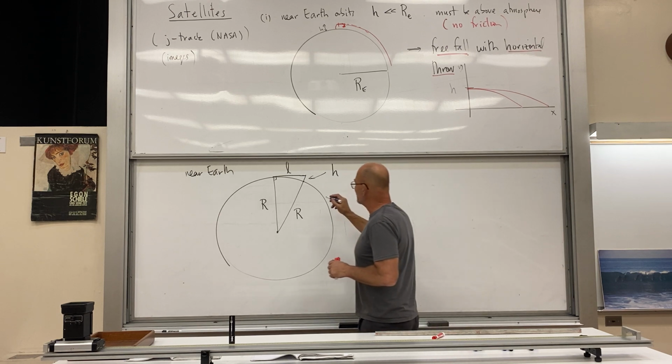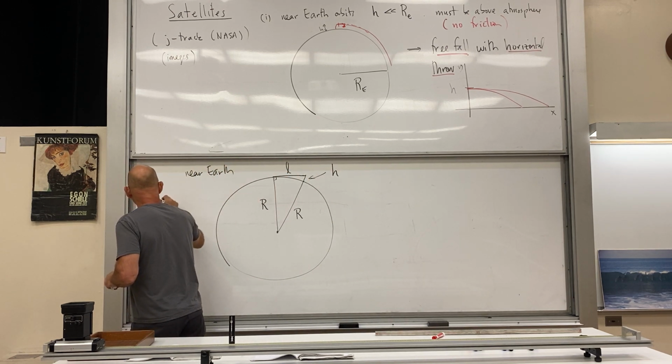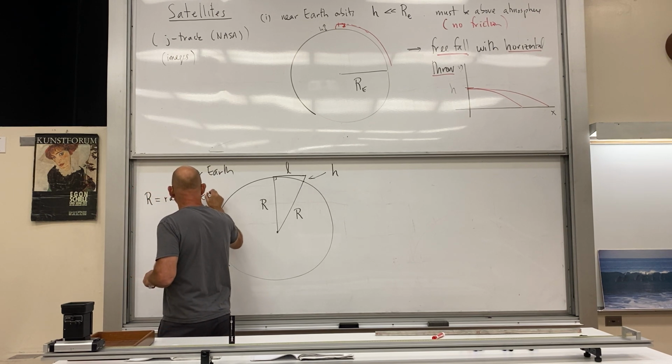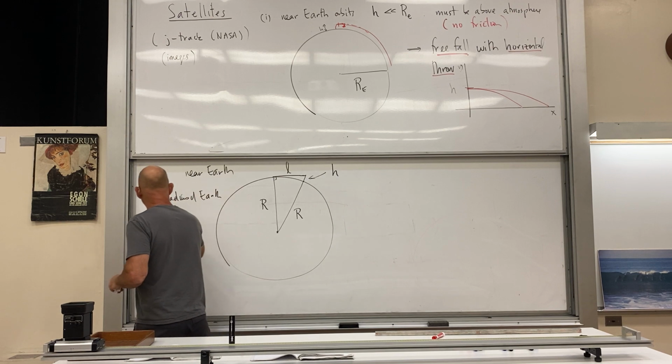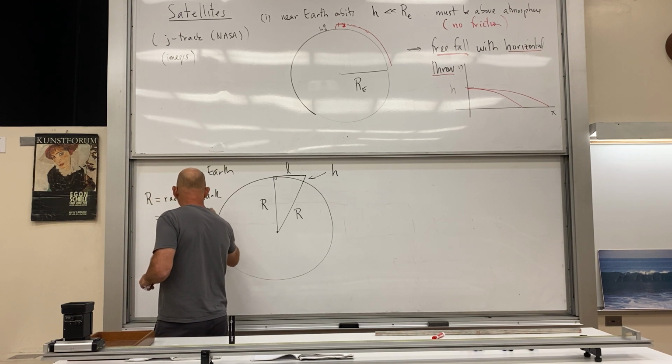But let's write down what these things mean. R equals the radius of Earth equals 6.38 times 10 to the 6 meters.